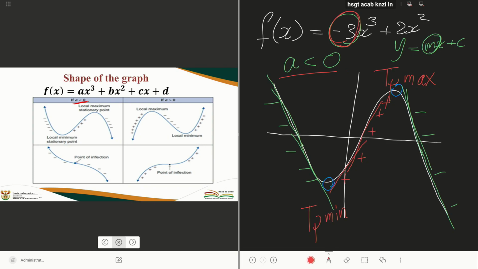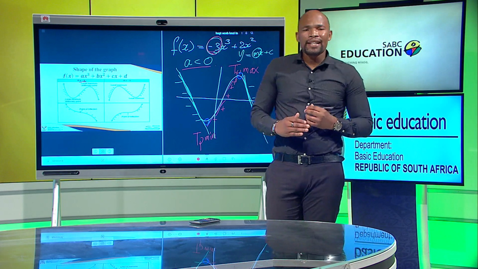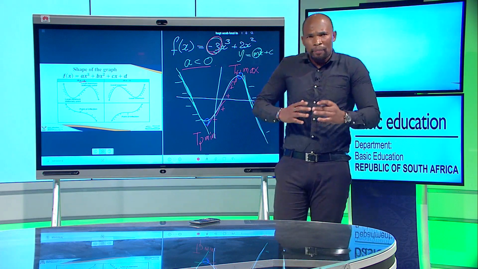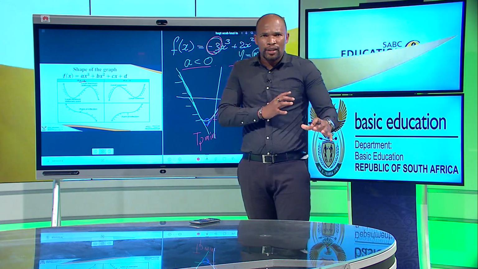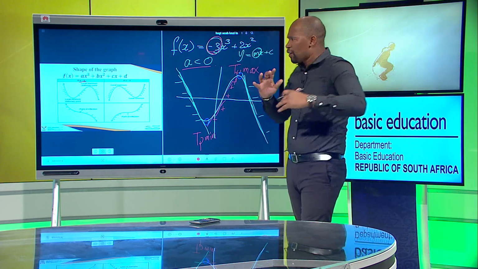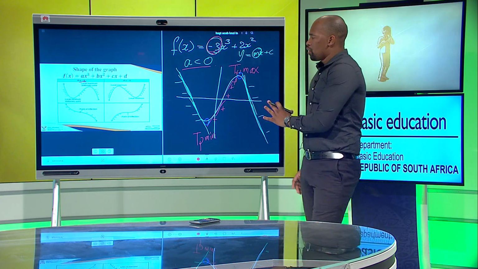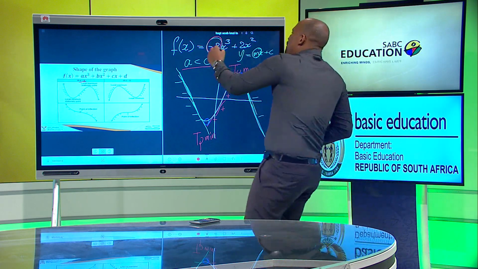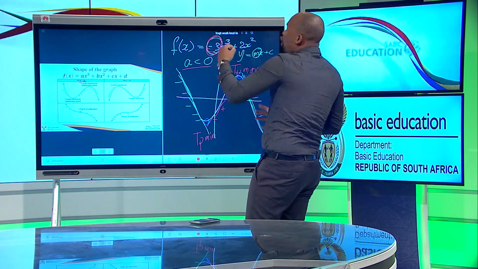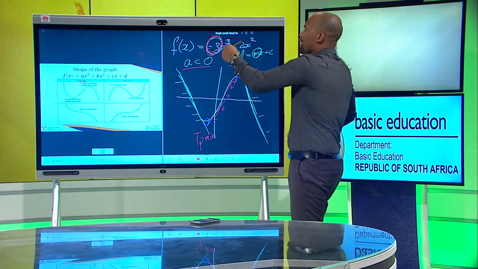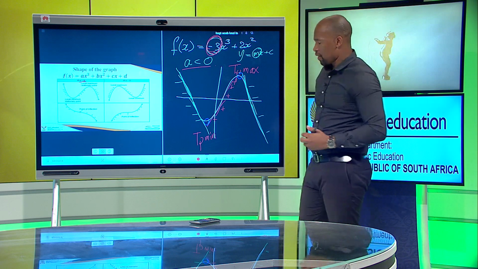Simple like that. So you need to know, when the value of a is negative, how my diagram would look. If the value of a is positive, I have an idea of the sketch of a graph like this. This is just explained by the coefficient of x cubed. Are we together? Right.